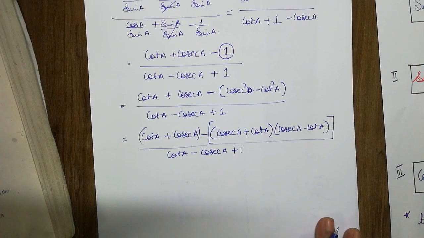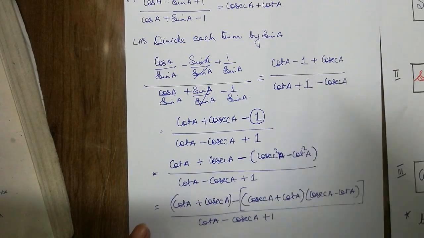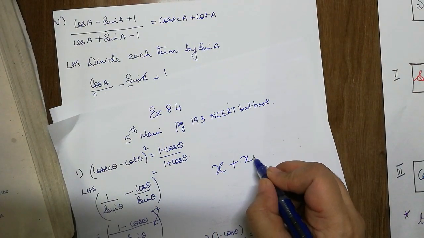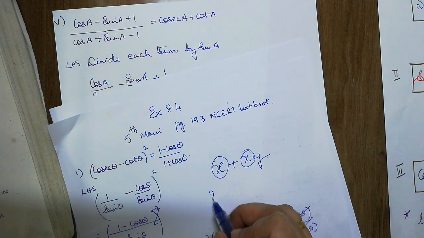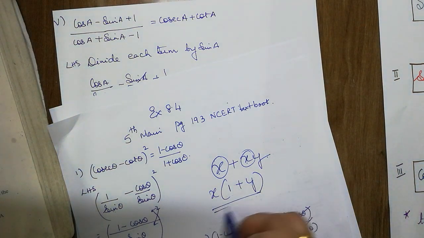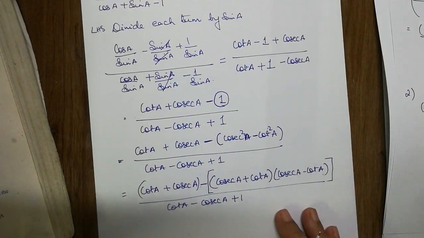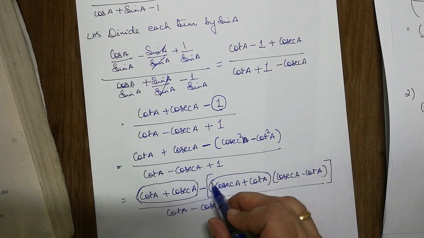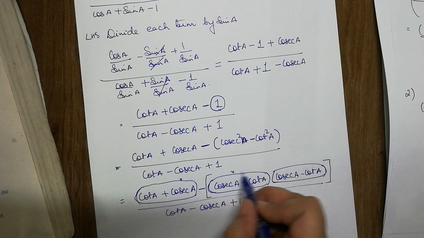Now the most important step over here. I'll make it easy so that it will be clear for you to understand. If it is x plus x into y, what do we do? Take x common out, then this will be 1 plus y. Same thing we are doing here. Look, treat this whole thing as x, so this also is x, and this will be y.